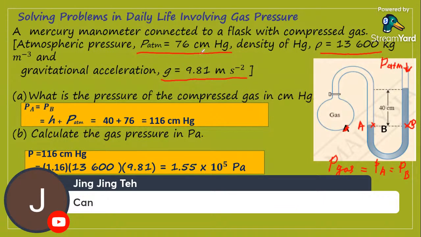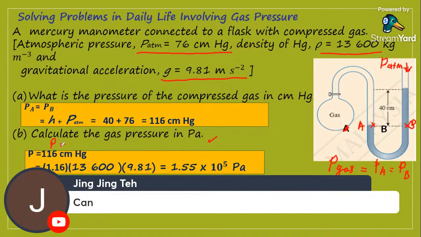Atmospheric pressure is also given in centimeter mercury. Thus, we can just add 40 plus 76, 116 cm mercury. So we get in unit cm mercury the gas pressure, which equals the pressure at A, equals the pressure at B.